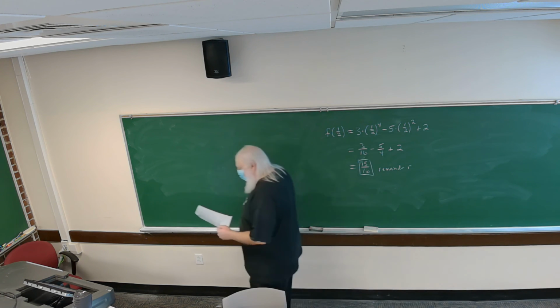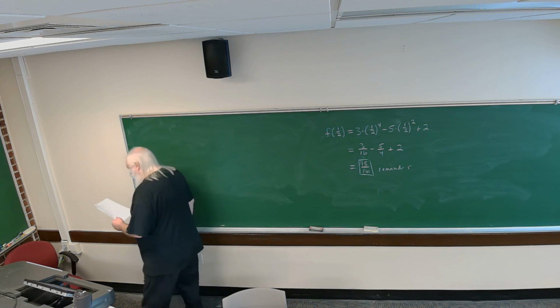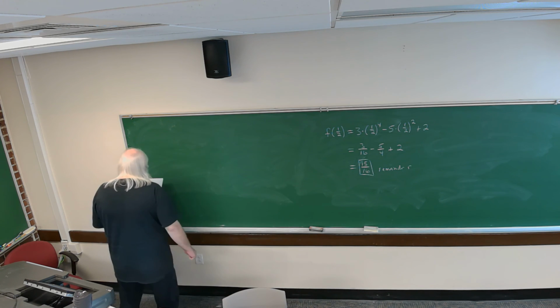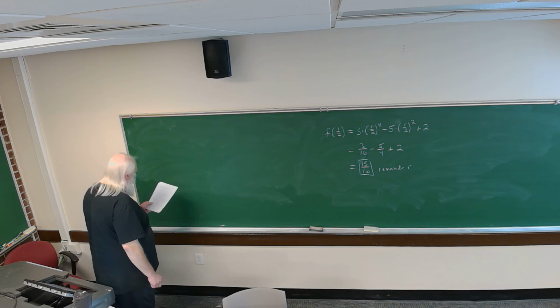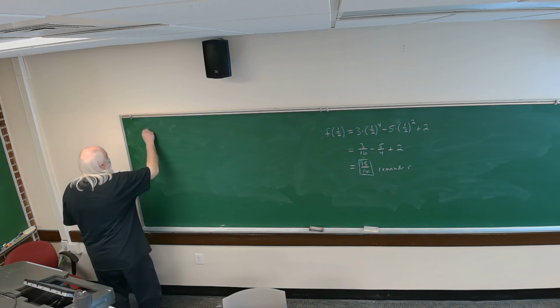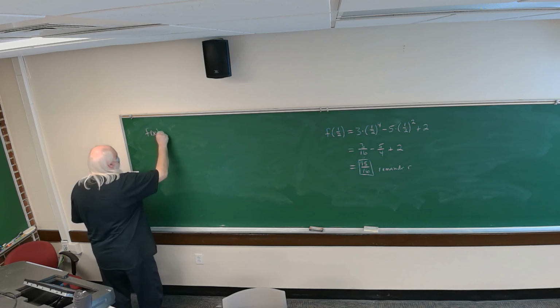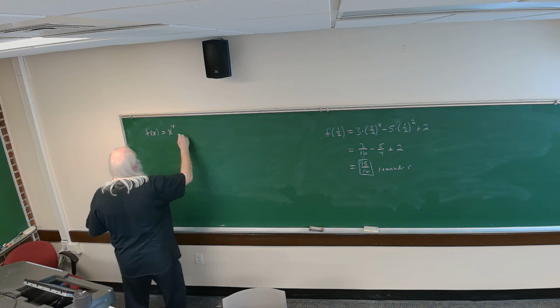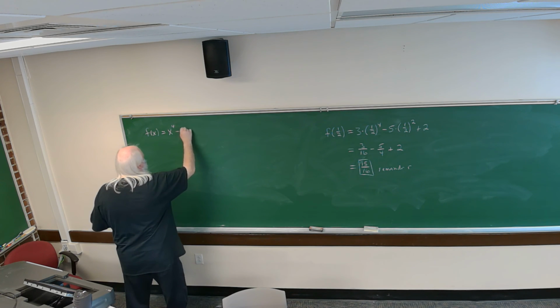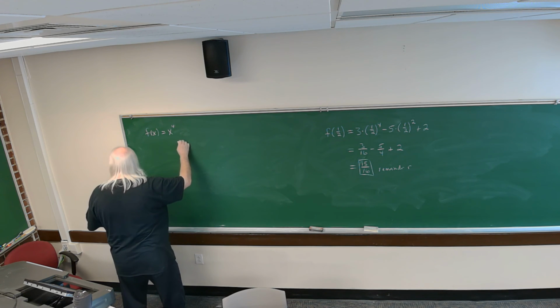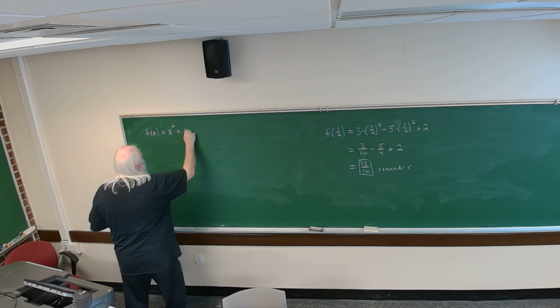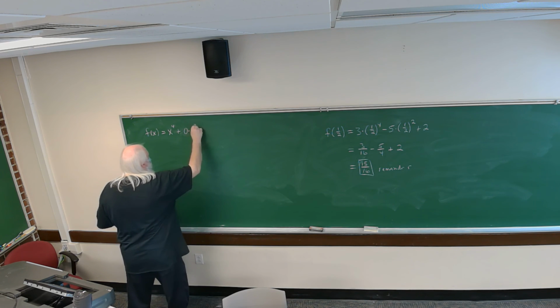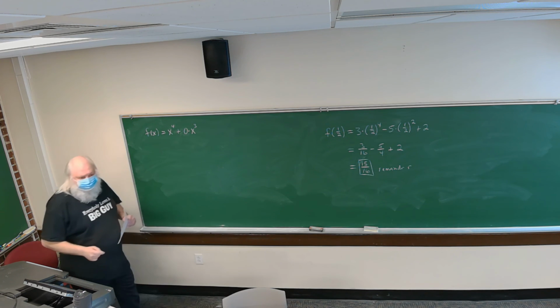So in example 5, we're going to use synthetic division to find the quotient and remainder when f of x is equal to x to the 4th minus 14x squared. Now, I'm going to point out something. There's no x cubed term. So it's actually 0 times x cubed.